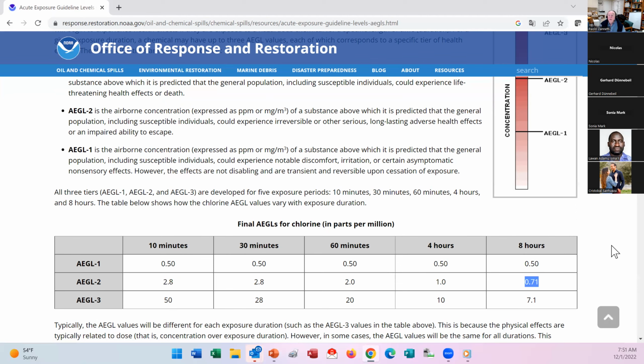Of course, the longer the duration of your impact, the lower the concentration that is of concern. So these are simple tables that can be used to compare with your model output and establish where in your region you can have an isopleth, and you can color in your map the region where Eagle 1, Eagle 2, and Eagle 3 were exceeded.